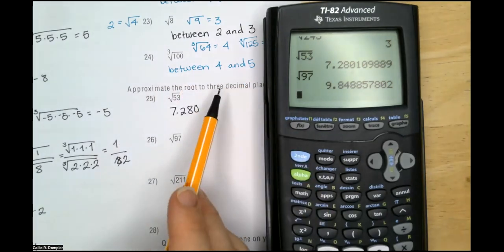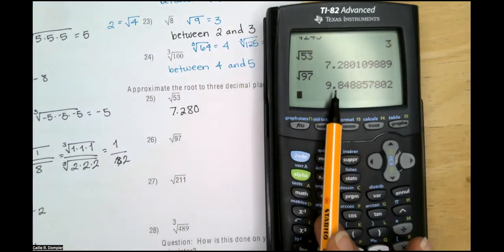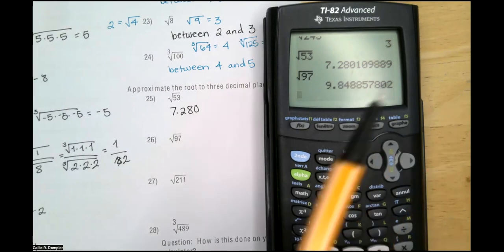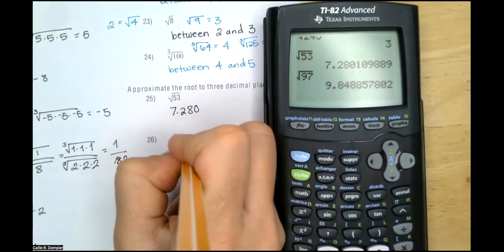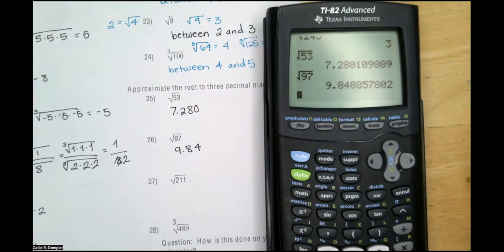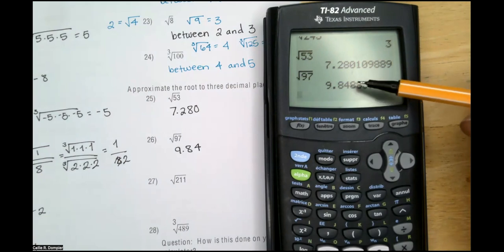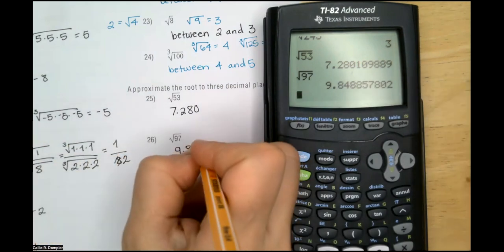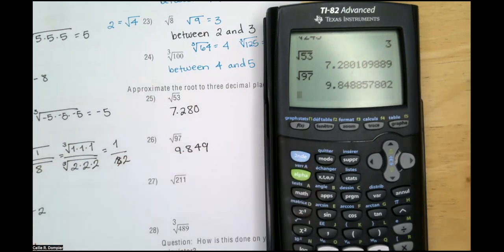So just make sure you know how to round to 3 decimal places. 9.848, right? 9.84, but look at that 8, and then the number behind the 8 is also an 8. If this number is 5, 6, 7, 8, or 9, you say 9.849. You round up, okay?